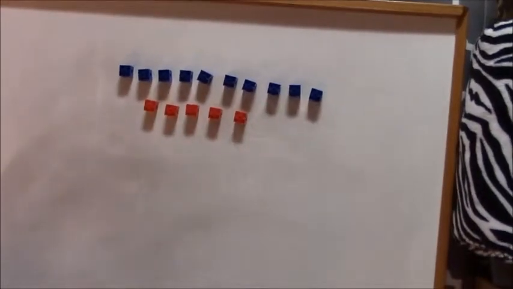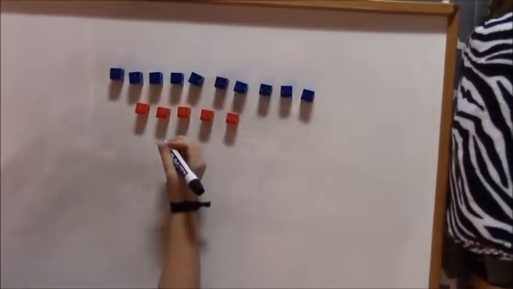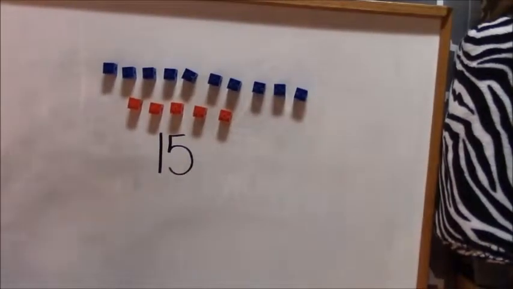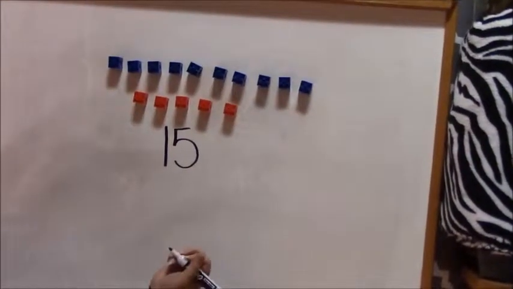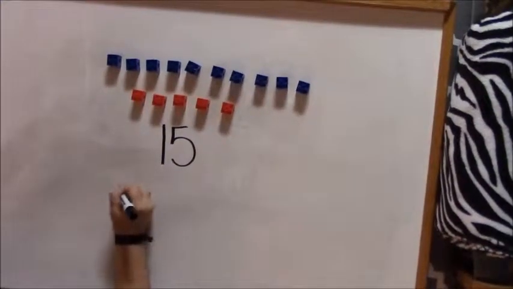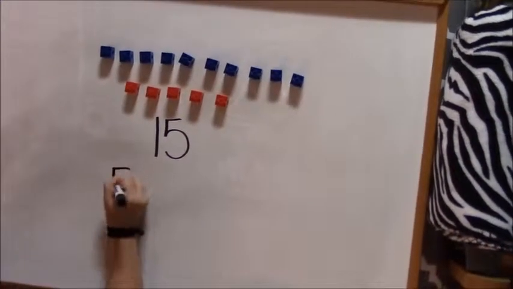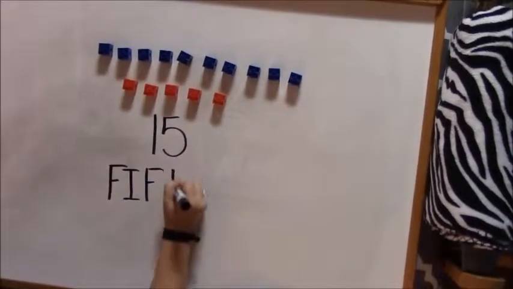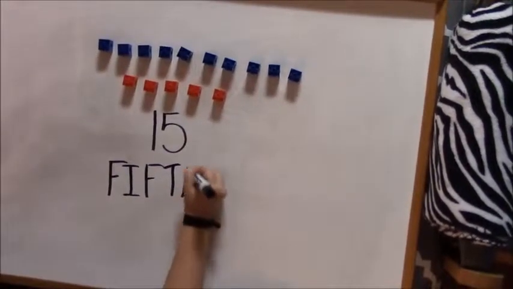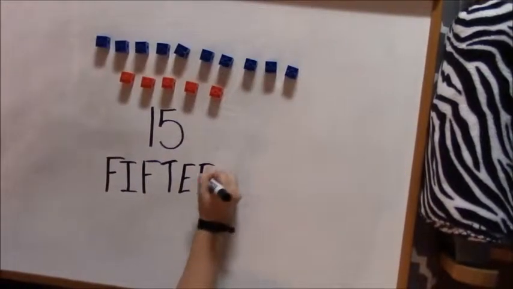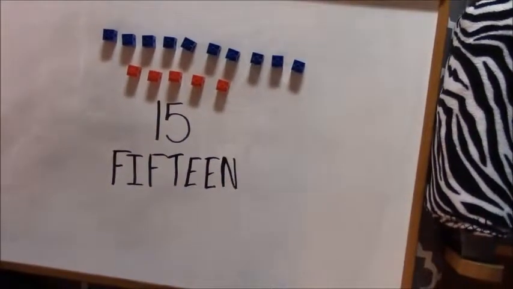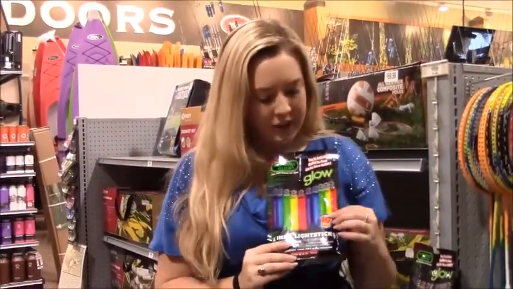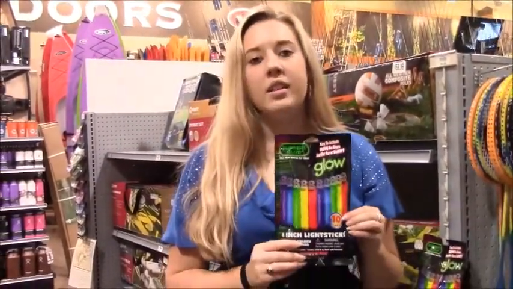The number 15 can also be written out as a 1 and a 5 put together to make 15. Finally, the number 15 can also be written as a word and is spelled F, I, F, T, E, E, N.